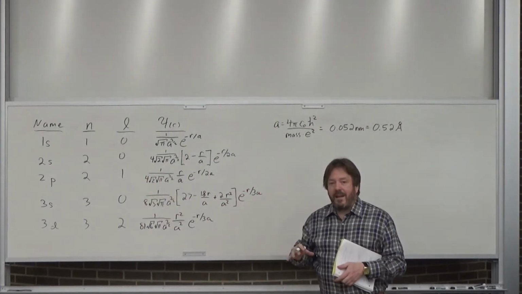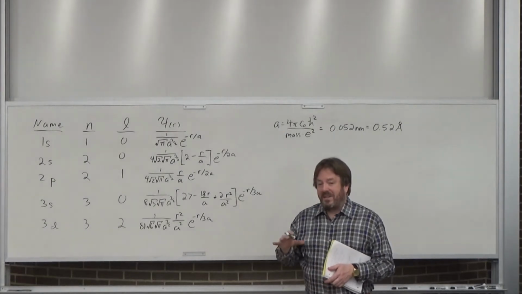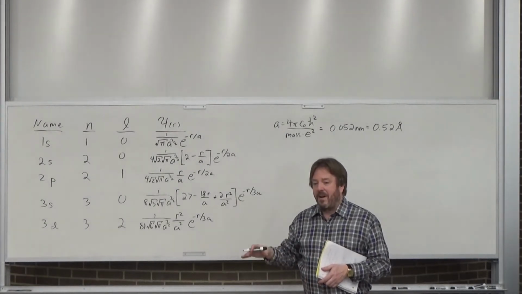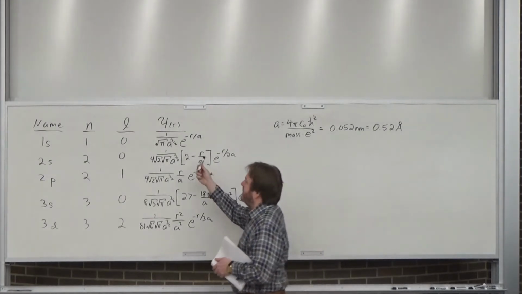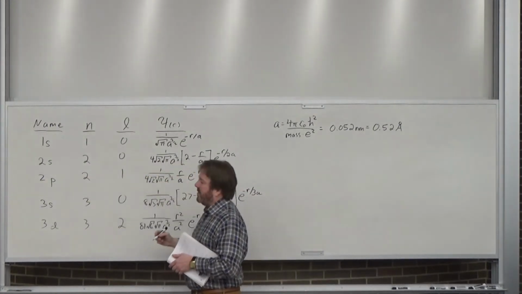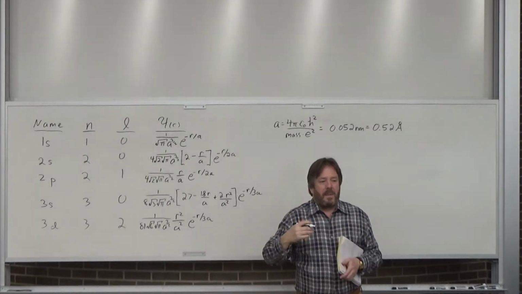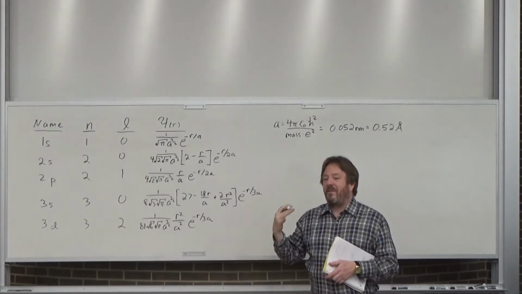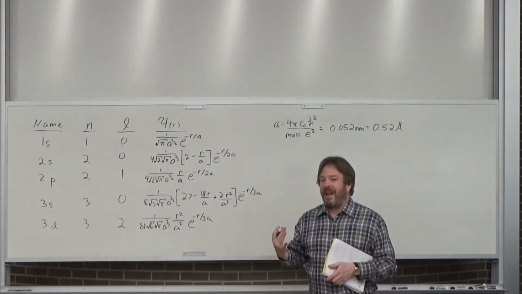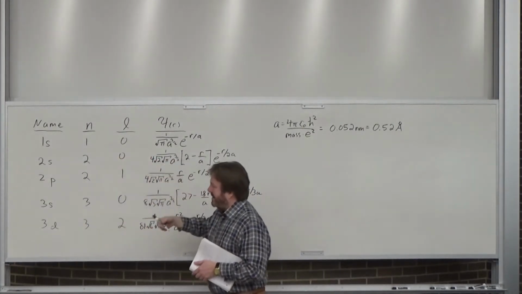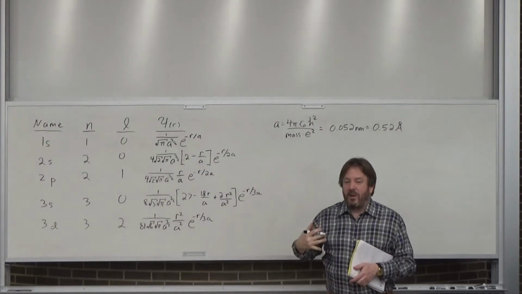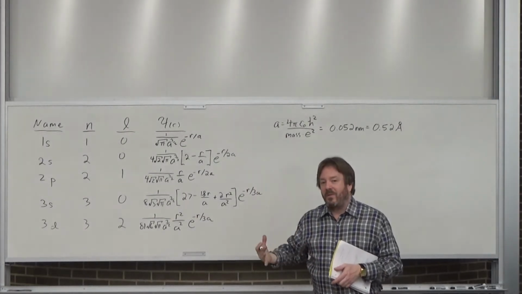This slays me: every year I ask about these various states, and people say the 1s state is real and none of those others exist. And every year I say what I'm about to say. This is the ground state, and these are excited states. They exist as long as you put the hydrogen atom in those states.